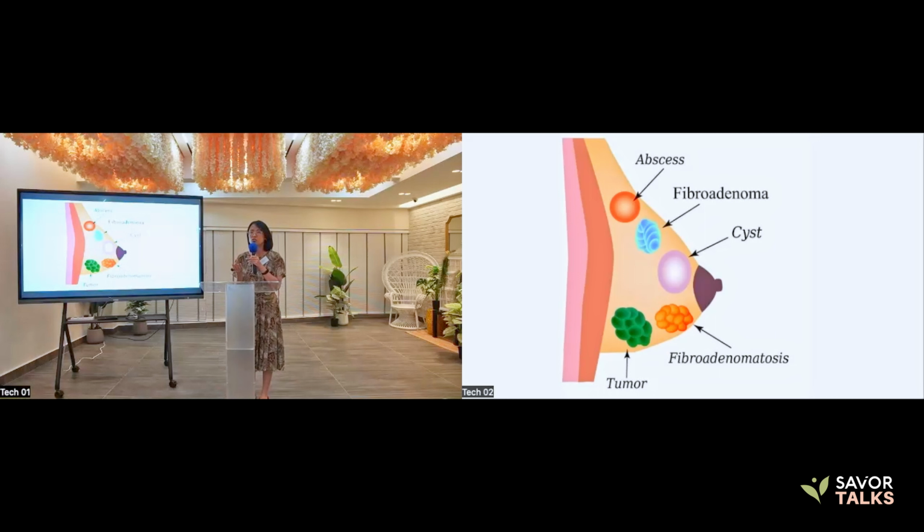So if you are not sure, you should get it checked. Let's say you have a cooperation abscess; this is another very common disease. We basically collect the virus during the breast exam, and this one we also test for the virus.